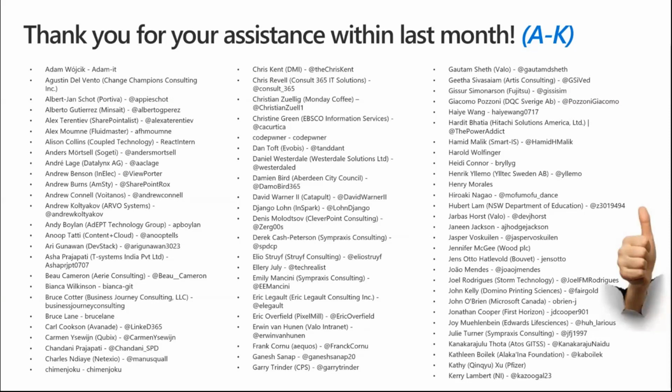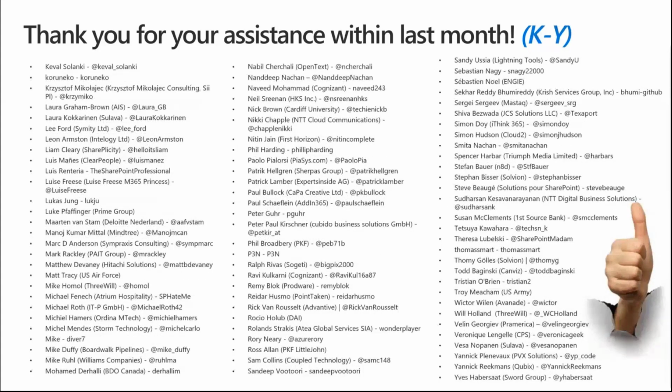I didn't calculate this, but I estimate that it's 250 external and roughly 50 internal Microsoft employees who've been actively helping other people to succeed in the community. So this is from A to K, and then from K to C is the full list in here. I needed to even adjust the font slightly to make all of the people fit on the slide.